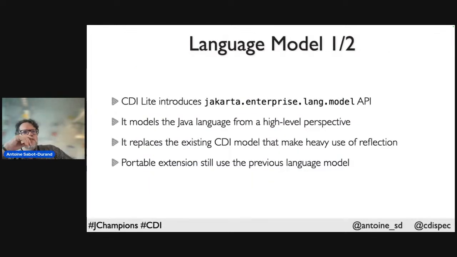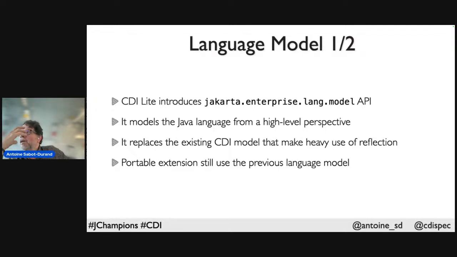So as I said, we have to introduce a new language model with this build-time compatible extension, which makes us introduce a new API in the Jakarta Enterprise language model.